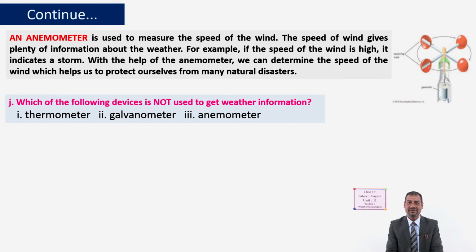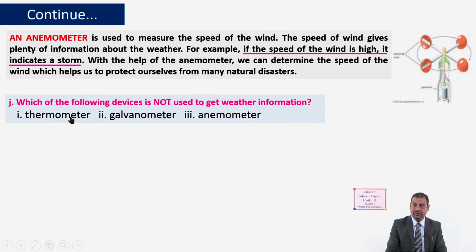So have you found out? Is thermometer used? Yes, we have already read. And what about anemometer? Anemometer is given here. So have you found galvanometer? No. Then it is given here, if the speed of the wind is high, it indicates a storm. With the help of the anemometer, we can determine.